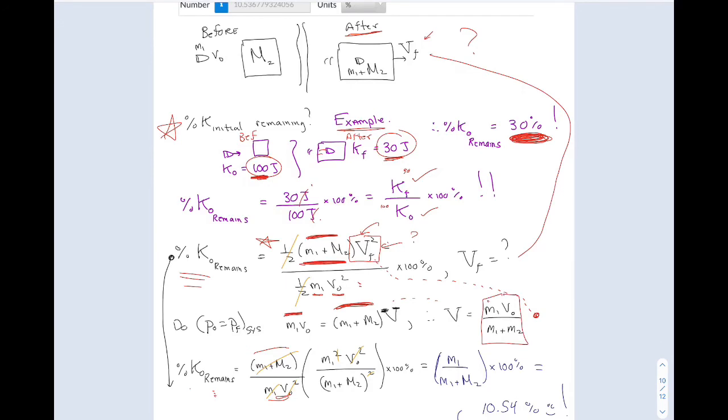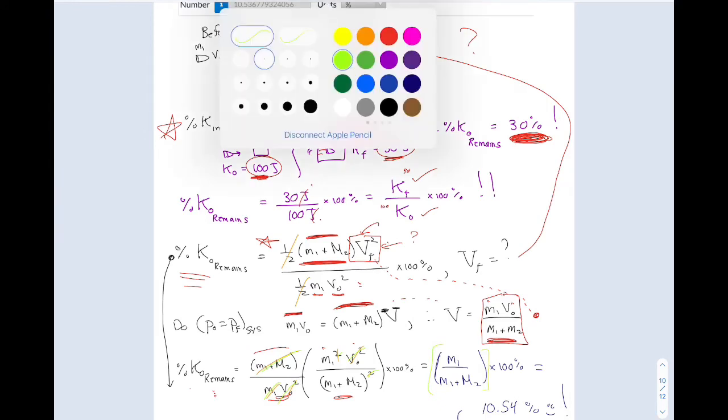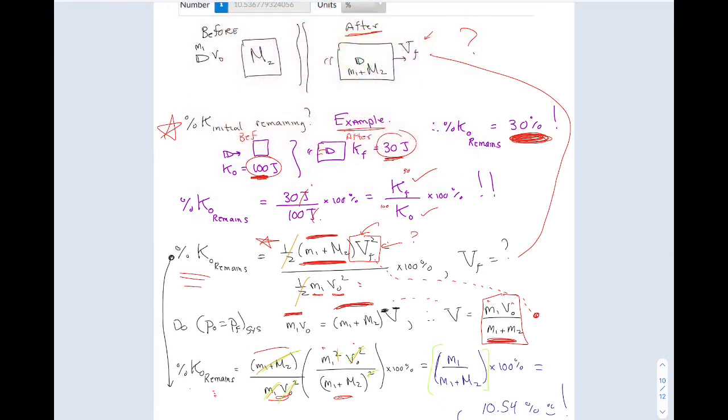So I got my M1 squared, my V0 squared, and this thing on the bottom squared. Then I had to cancel like terms. I canceled one of those parentheses, I canceled one of the M1s, I canceled the V0 squared, and that's what I'm left with. I'm left with that ratio. They give me the masses, I can put that in, and I find that 10.5% of the kinetic energy remains.